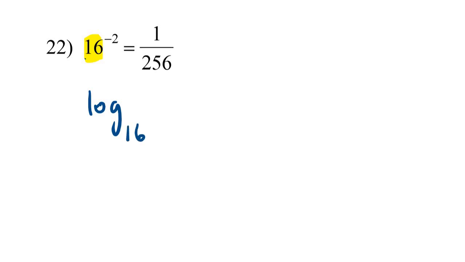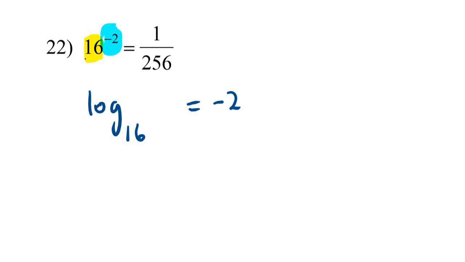Now, remember when we're writing exponential form, this 2 here has to be the answer at the end that we're looking for. This is the what power that we're looking for, these 2 over here. So that will be what power. That will be our equal sign. What power? Power is negative 2.